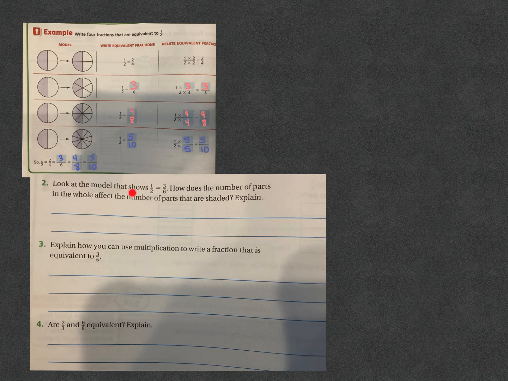It says, look at the model that shows 1/2 is equivalent or is equal to 3/6. This one here. How does the number of parts in the whole affect the number of parts that are shaded? So I'll write it bigger here. We have 1 shaded out of 2 total on this one. And then we had 3 shaded out of 6 total on this one.